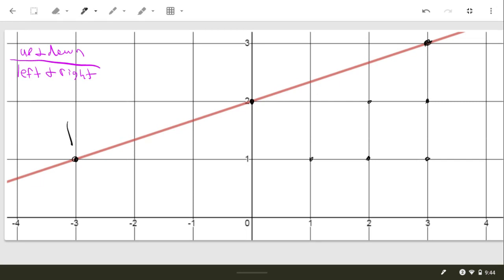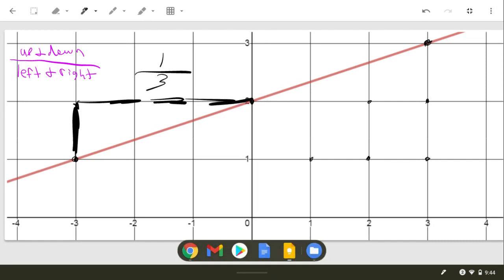So like this one here is -3, 1. The one in the middle is 0, 2. And so you're looking for those. You're looking for whole number coordinates. And then you can just do it like normal. The top number of the fraction is 1. The bottom number of the fraction is 1, 2, 3. All right, nothing to it.